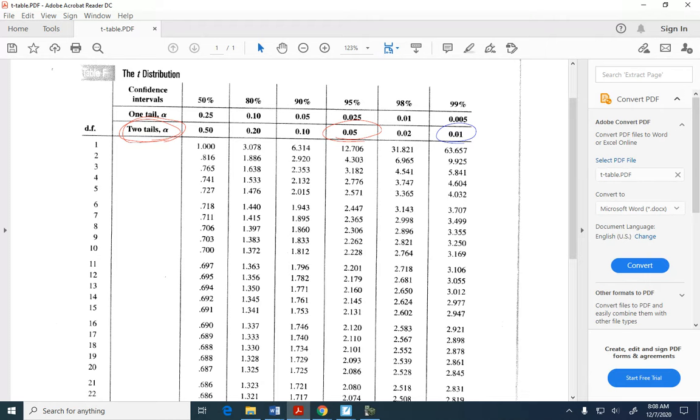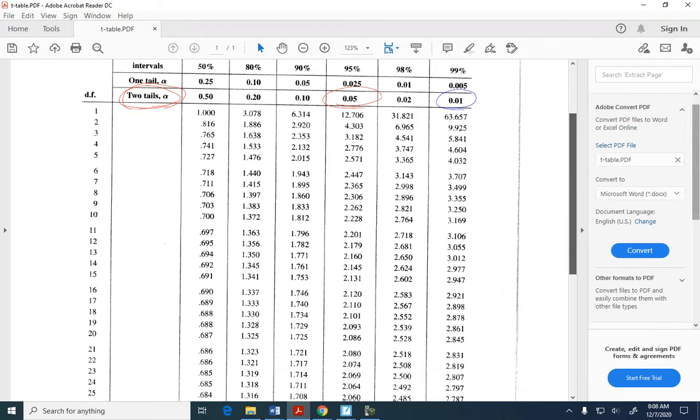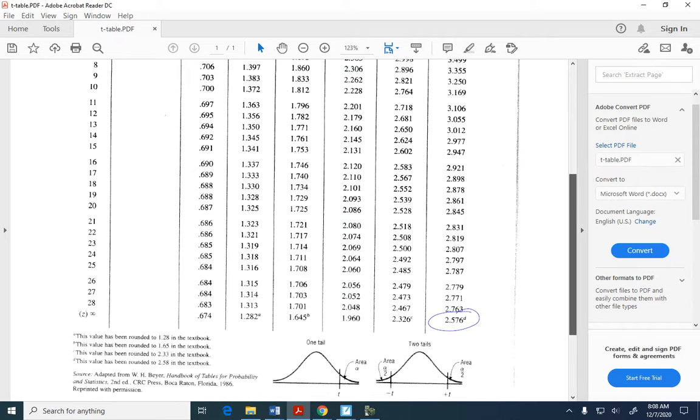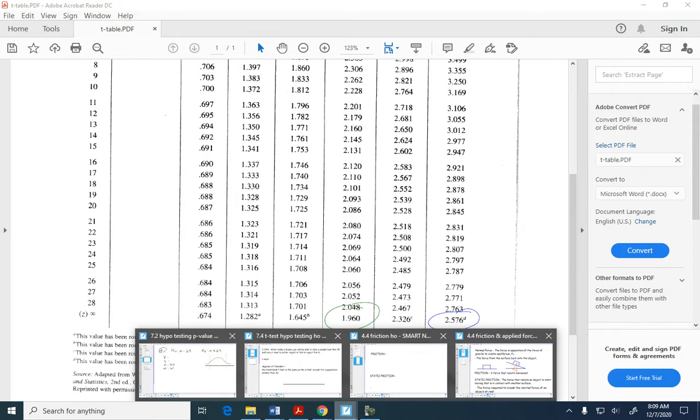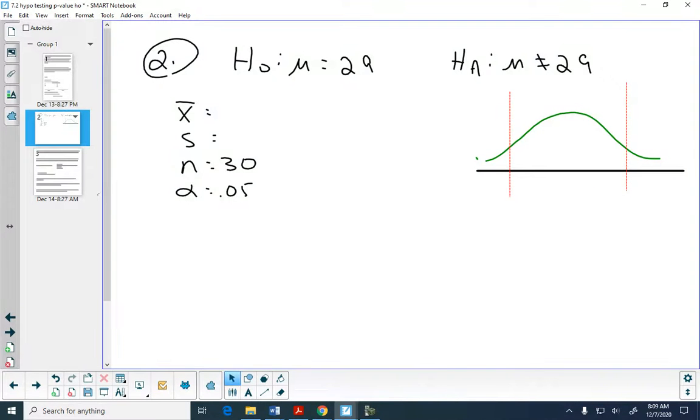So to find our critical values, we take our t-table down to the bottom, and we have a critical value of 1.960. So these are our critical values: 1.960 and 1.960. This one will be negative, and that one will be positive.